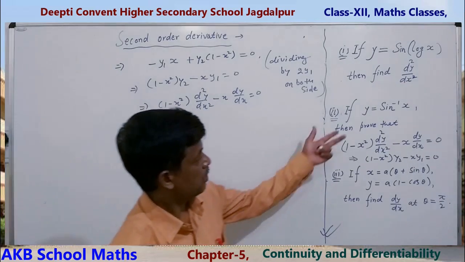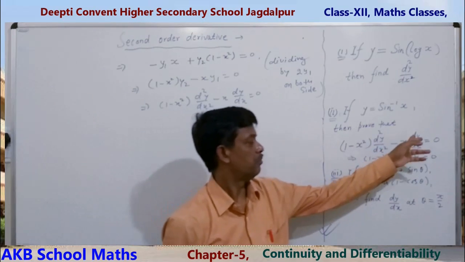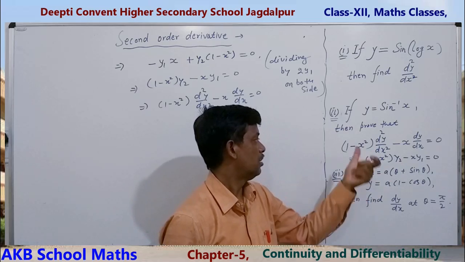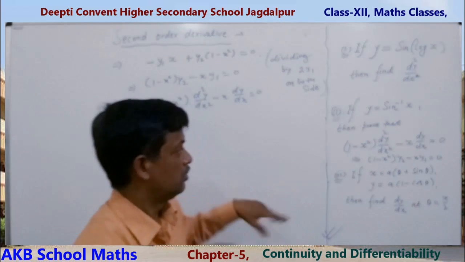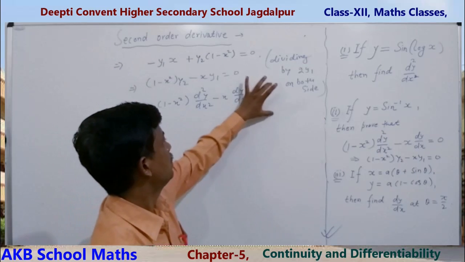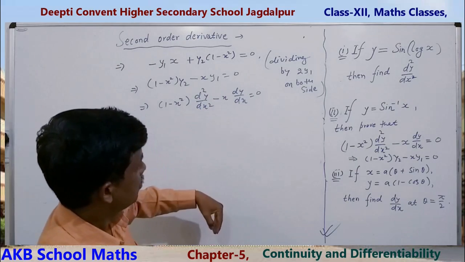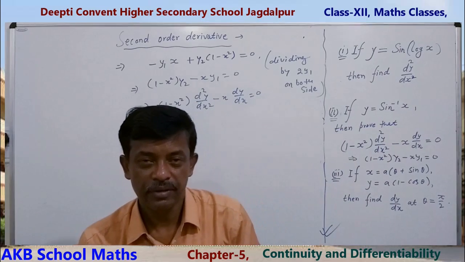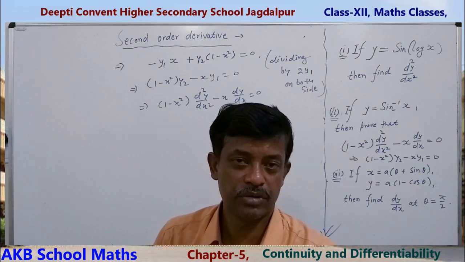Okay, so one by one you can differentiate, or you can also find the value of dy by dx and d2y by dx square, and then put the values on the left hand side, you can get the right hand side as 0, then that will also be true. But this is another technique for finding this type of relation: one by one differentiate and solve and try to get what you want. Okay, so note this down very seriously and solve some questions.